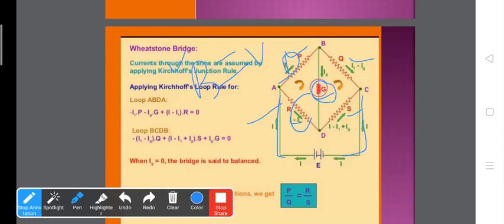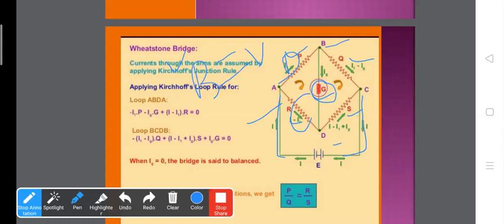The Wheatstone bridge will be in balanced condition when the potential at point B and the potential at point D are equal, and the galvanometer shows no deflection. Clear? So it is in balanced condition.